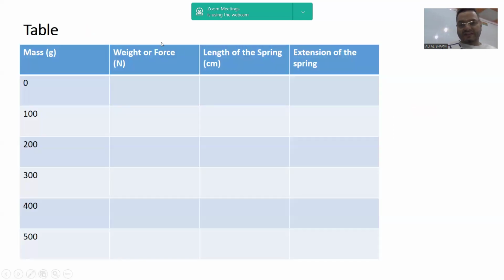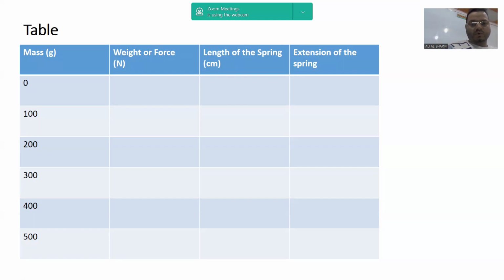Now you have this table, the mass. Actually, we will work on 5 or 6 different masses. I will start from 0 until 500, step by step, increasing by 100 grams, okay? After that, you will learn how to calculate the force in Newton units.